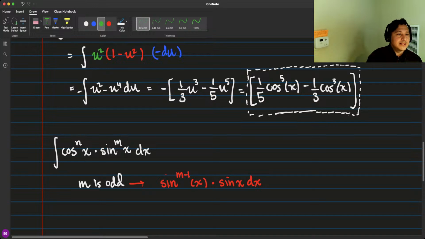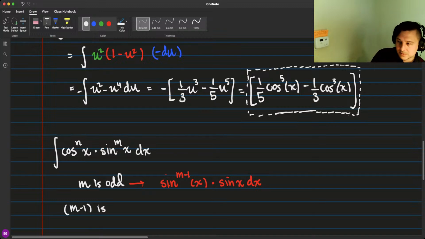And if m is odd, what can you say about m minus 1? It will be even, right?